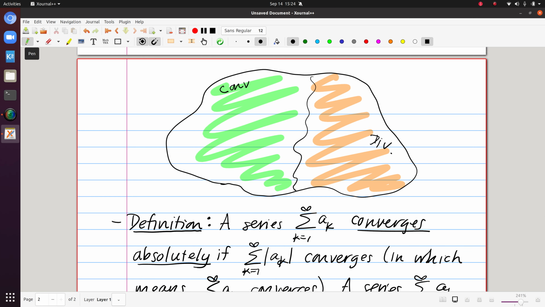What we're doing now is we're taking our set of all converging series, and we're further breaking that up. So we still have convergence, but now there's absolute convergence and there's conditional convergence. We're not further refining diverging series. There's still just one group of series that we call diverging.